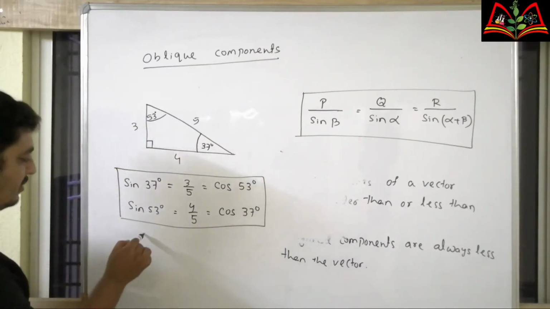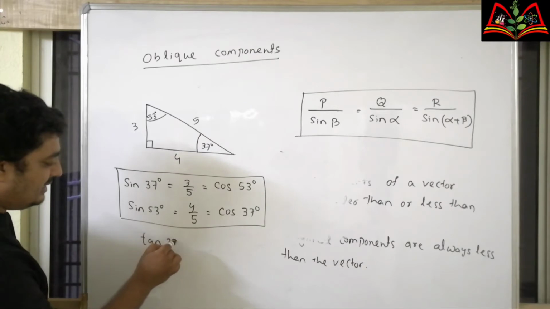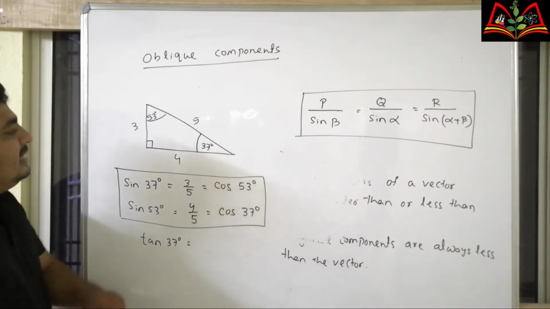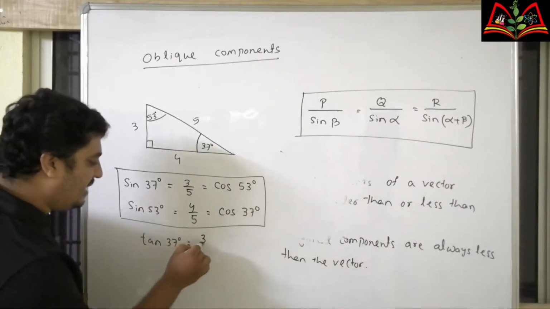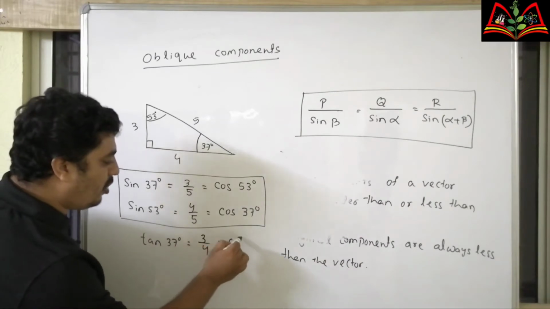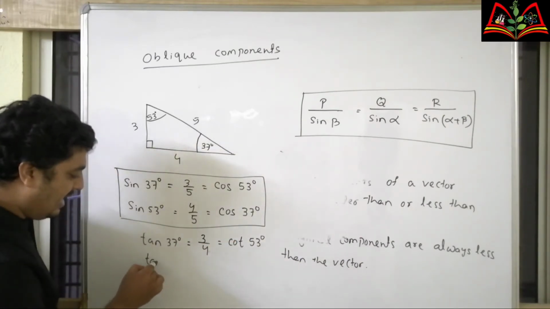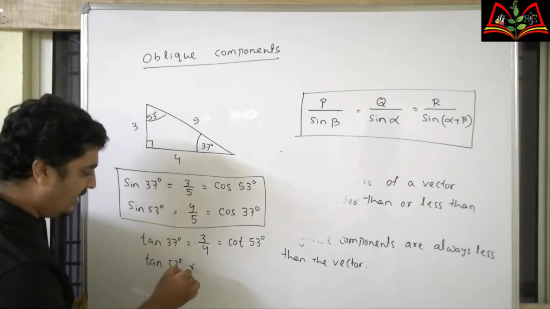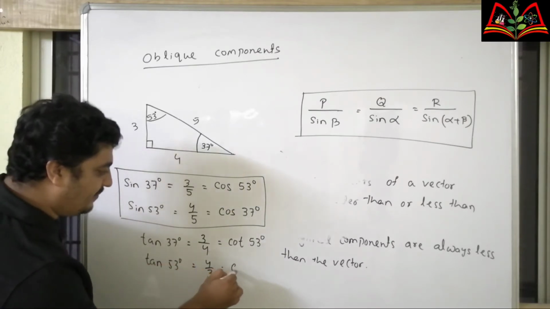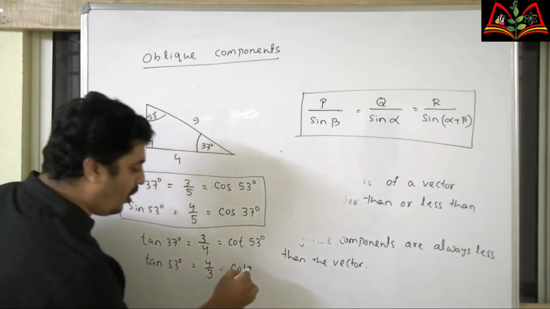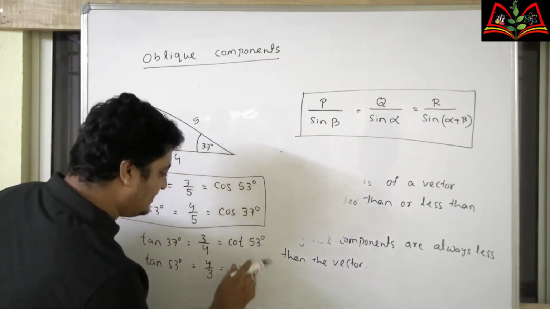Like that, tan 37 degree is equal to 3 by 4. It is equal to cot 53 degree. And tan 53 degree is equal to 4 by 3. It is equal to cot 37 degree.